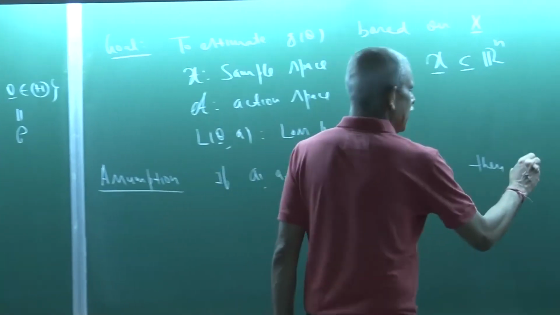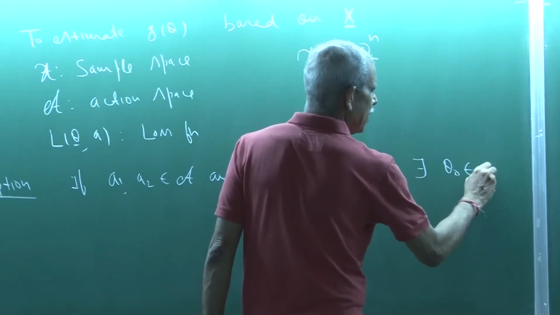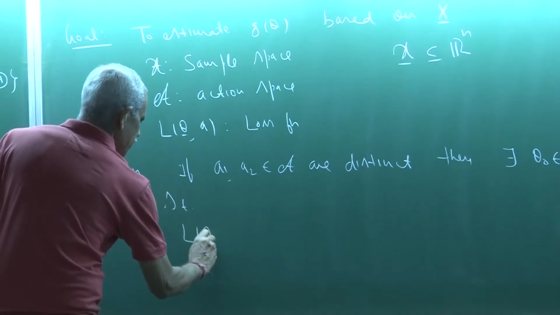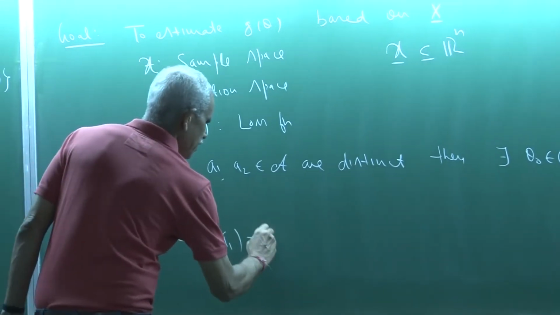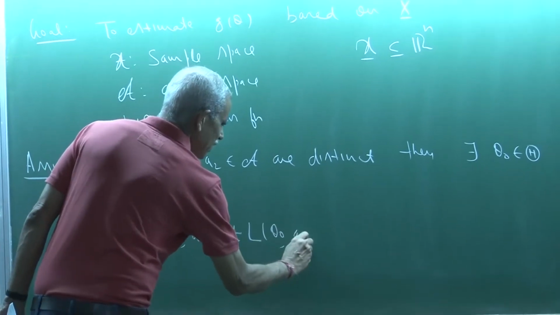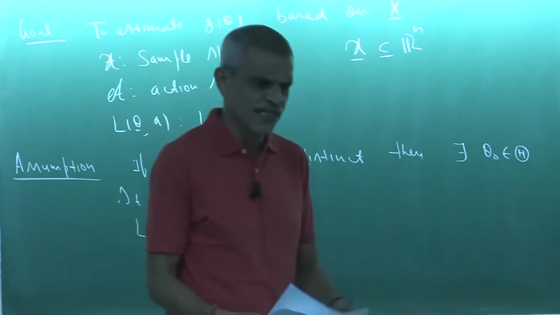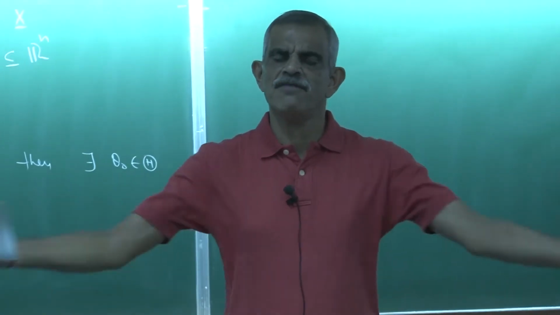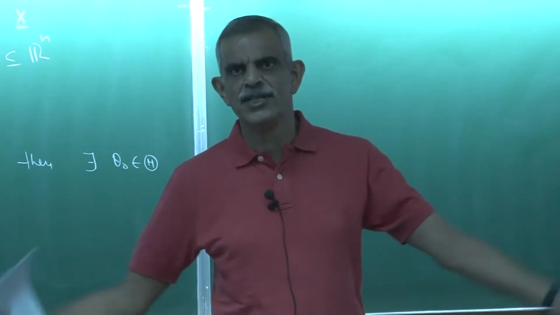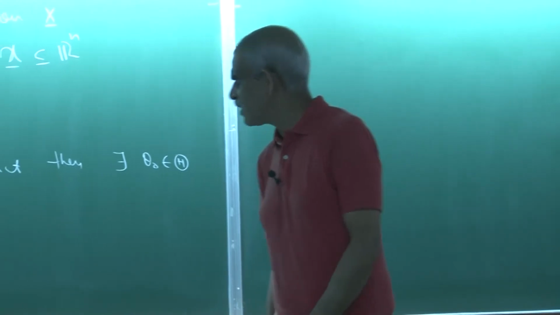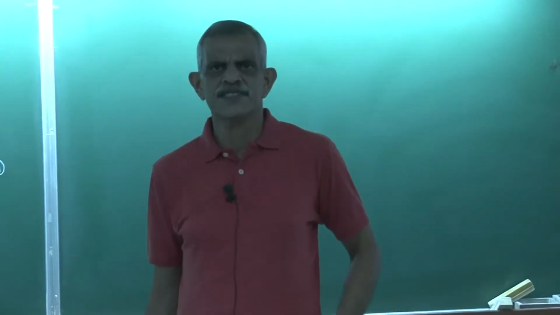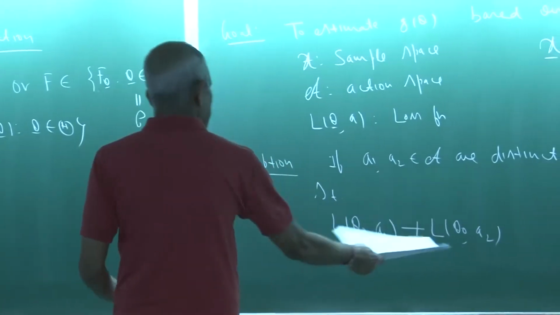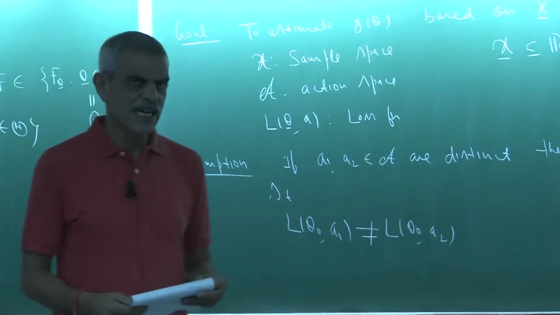Then there exists a theta naught belonging to capital theta, such that L theta naught A1 should be different from L theta naught A2. Now, that looks like a reasonable assumption, because otherwise you would be in a situation where you have two different actions, for them the loss is the same for every theta. So, taking action A1 is as good as taking action A2, that is what it means. So, if that is the case, I would like to eliminate one of the actions, because the two actions are equivalent in that case. So, this looks like a reasonable assumption, which is what I will make throughout.